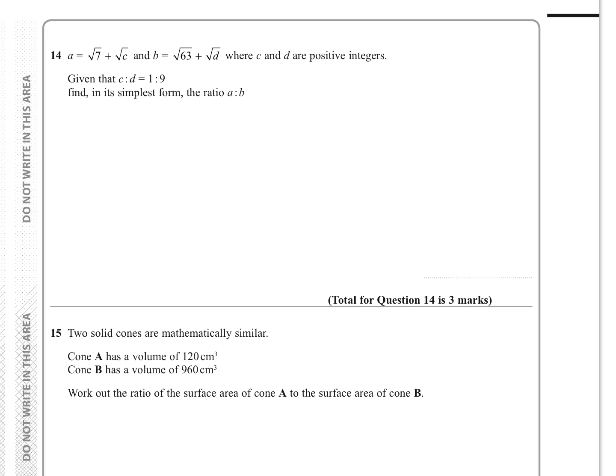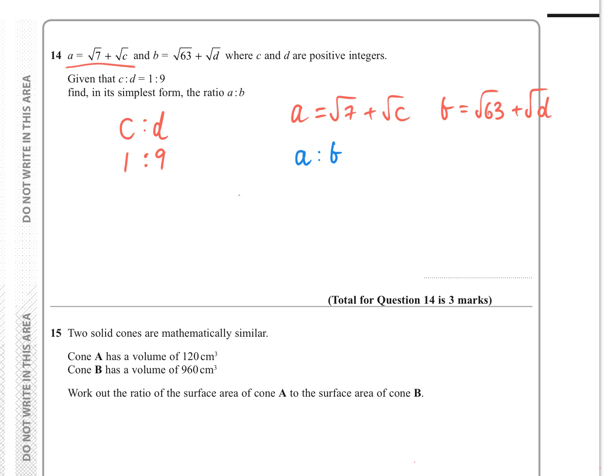Question 14. I think this is quite a tricky question. We're given that the ratio of C to D is 1 to 9, but we're also given that A equals root 7 plus root C, and B is root 63 plus root D. So we can work out here that the ratio of A to B would be root 7 plus root C to B, which is root 63 plus root D. But hold on a minute, isn't it that D here is 9 times more than what C is?